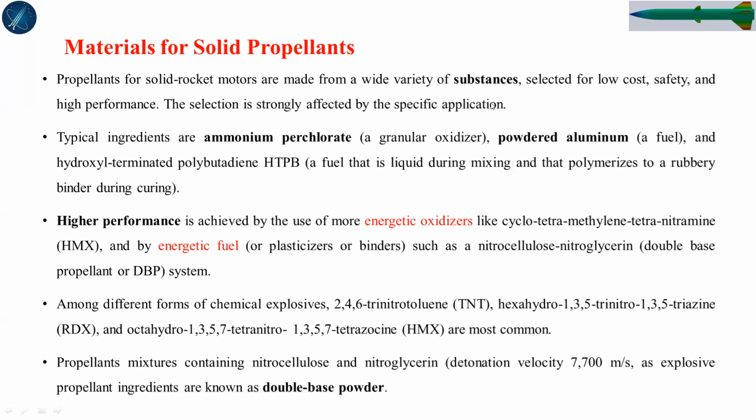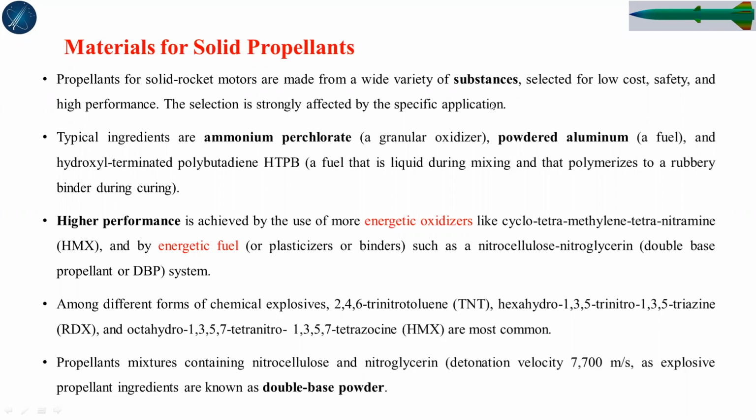Typical ingredients are, for example, ammonium perchlorate, one of the granular oxidizers. Ammonium perchlorate is oxidizer, and powdered aluminum is a fuel. So when this ammonium perchlorate is combined with powdered aluminum, we can get one type of propellant.